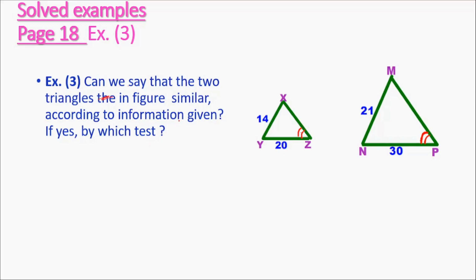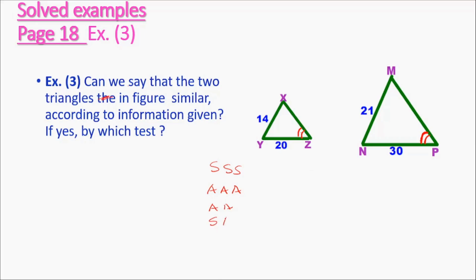Now we have got two sides. Let's see. If you look at the figure itself, some of you can try without me giving the answer. Is it SSS? Three sides, have they given? No, they have not given. Is it AAA? Three angles are marked? No, they are not marked. Two angles are marked? They are not marked.